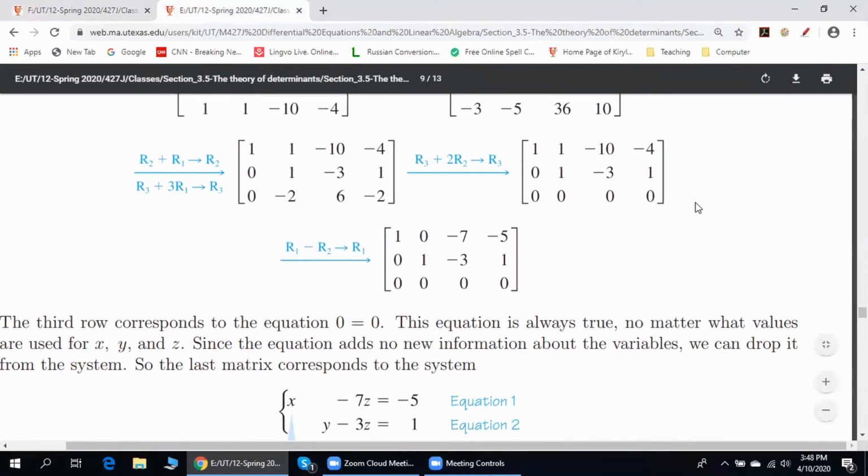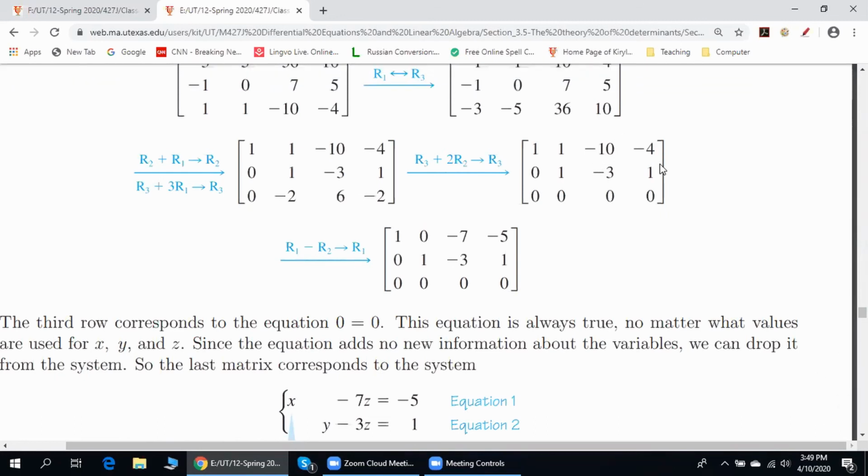If we do so, we'll get the following system: x plus y minus 10z is equal to -4, and then y minus 3z is equal to 1. Once we move -10z and -3z to the right, we will not come up immediately with the ultimate goal, because equation number 2 will be fine: y is equal to 1 plus 3z.